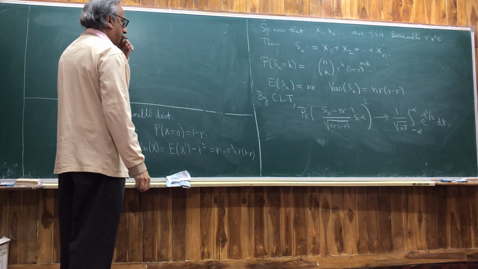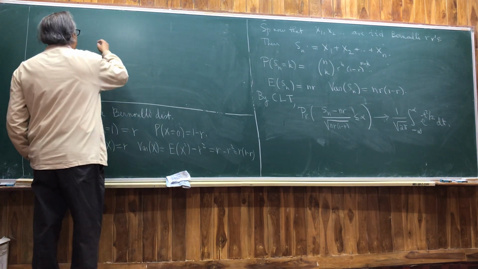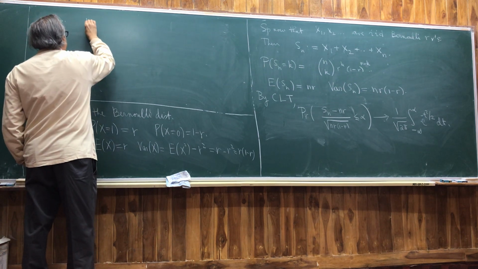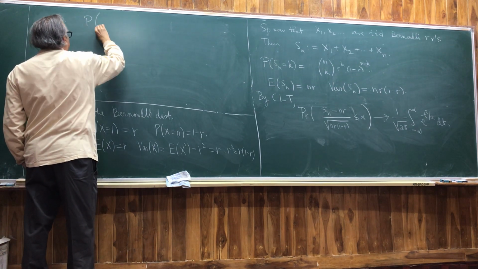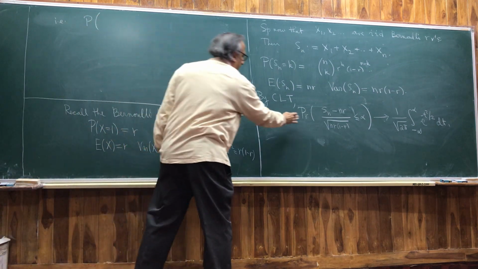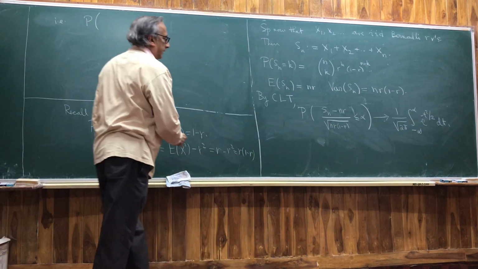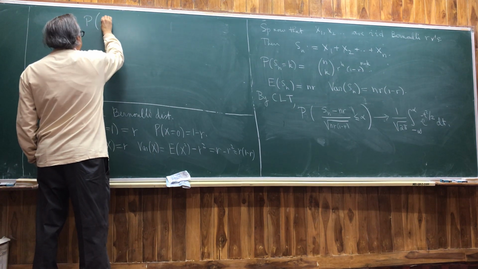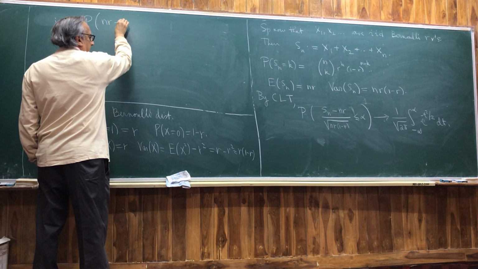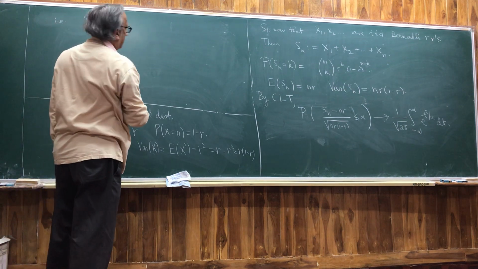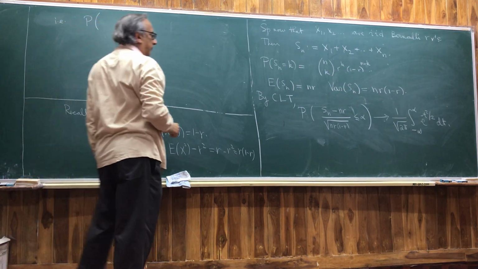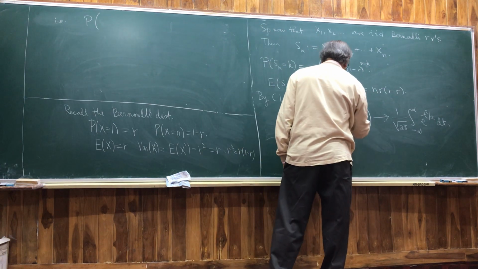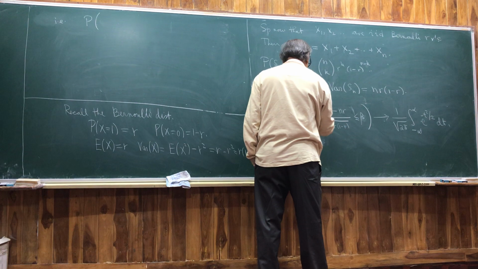Okay. But what does this mean? I.e., the probability that, let's see, if you don't mind, I'm just going to put beta there, and put alpha here.